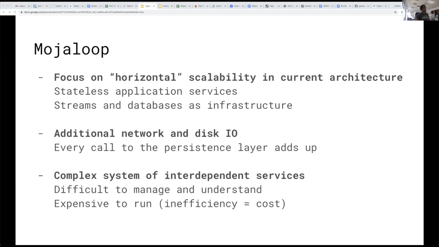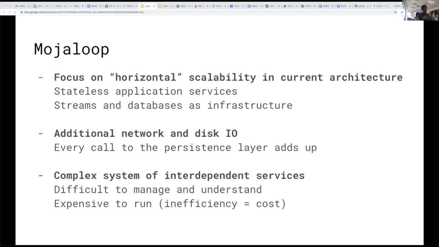We can adopt a lot of these modern practices, but find a middle ground somewhere between those and more of a vertical scaling approach as well, at least for the infrastructure. This was pointed out earlier: the horizontal scaling and the separation of concerns, while it has positive benefits, also adds network and disk IO.